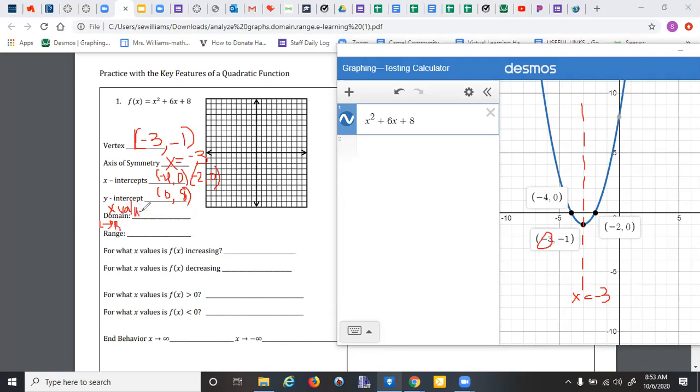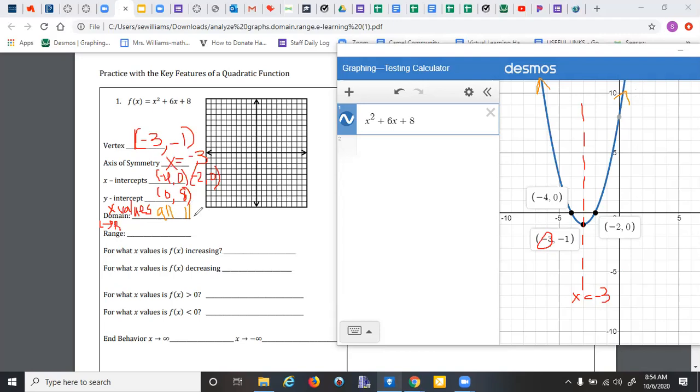Does this graph go to the left forever? Yes. Does it go to the right forever? Yes. All right.